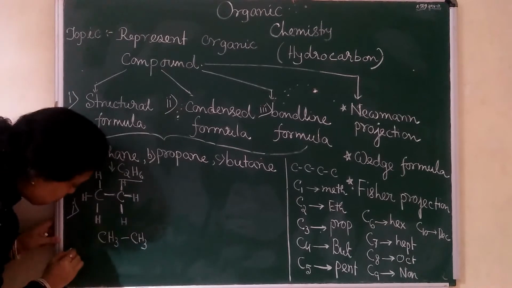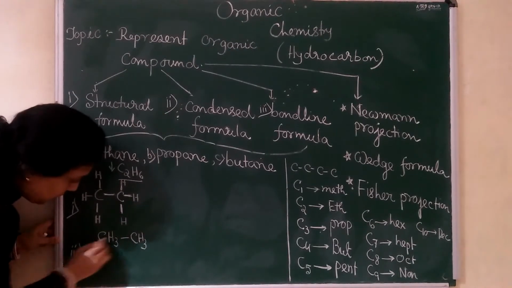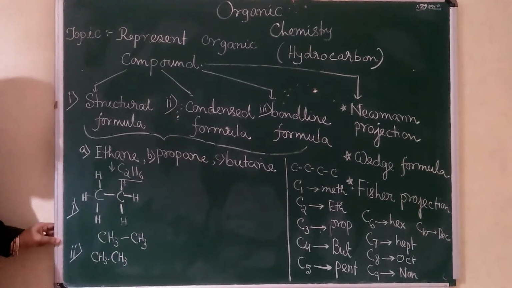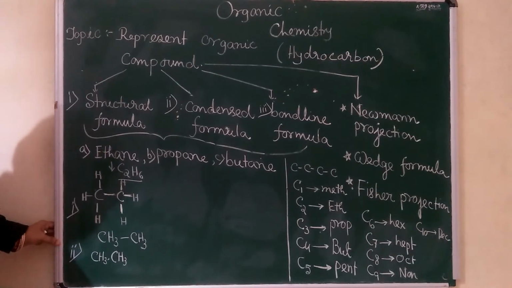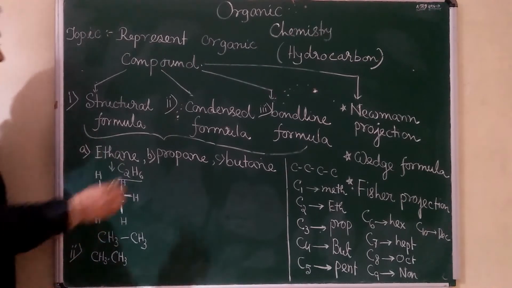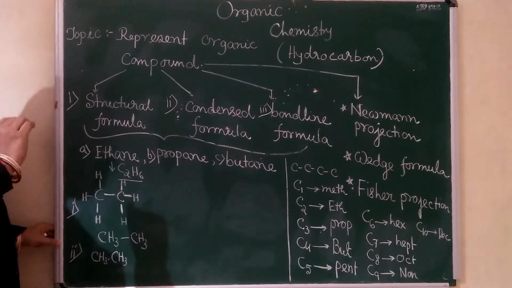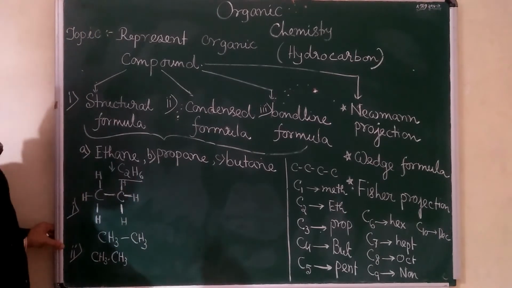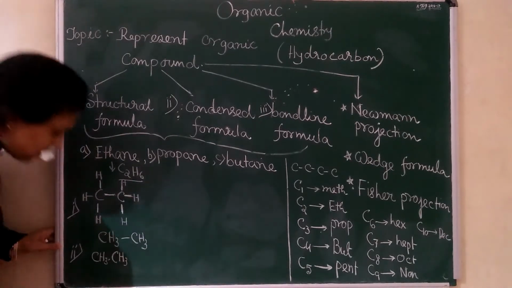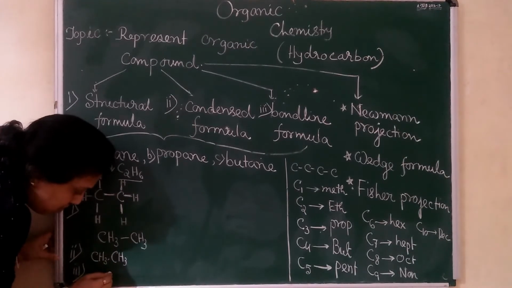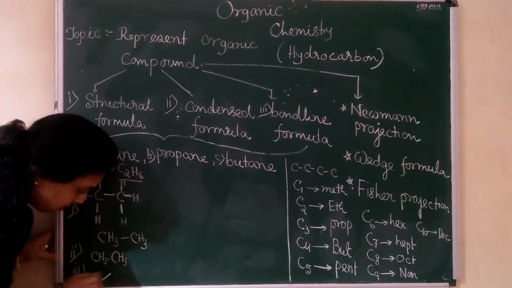If it is a condensed formula, how will you represent it? For a condensed formula, you don't have to show the bond. CH3, CH3. Okay. Now the bond line structure. Bond line structure means you have to show it only with the help of bonds. So if it is 2 carbon, then the bond line structure is 1 line. Why?